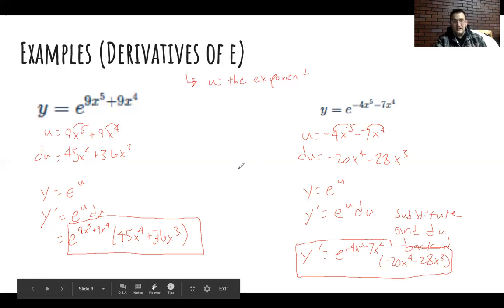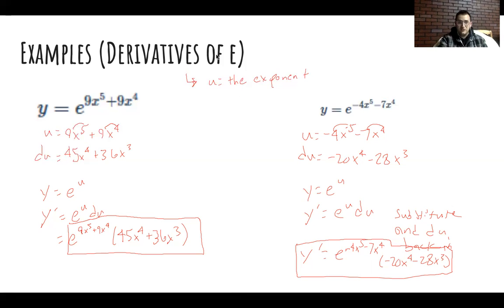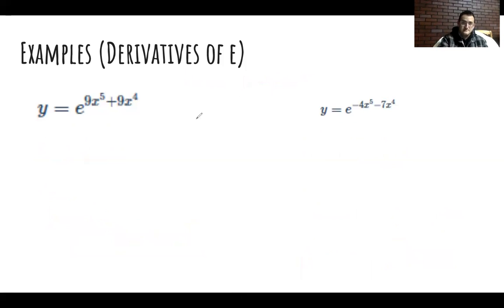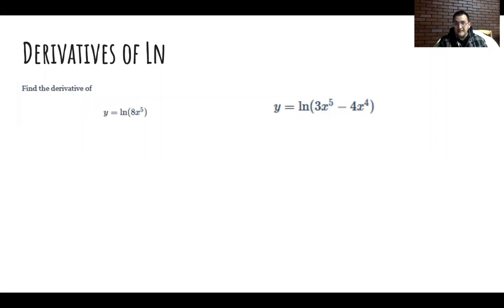All right. Now let's take a look at the close cousin of e, the natural log. Here are some examples. If I say natural log of, what comes after the "of" is the u. So I'm still going to do my u and my du.